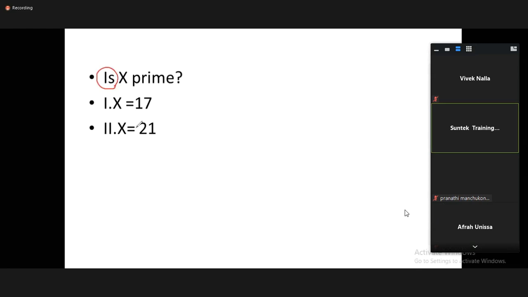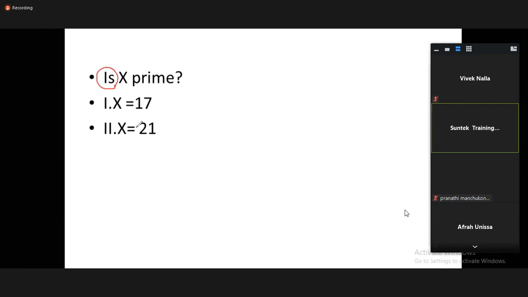Mark 3, statement 1 alone is sufficient. Mark 4. If you are getting whatever answer you are thinking of, please write it in the live chat. Mark 2. Saideep. So Harini got Mark 3. Mahesh, Mark 4. Okay, Mark 4, Mark 1, yes.